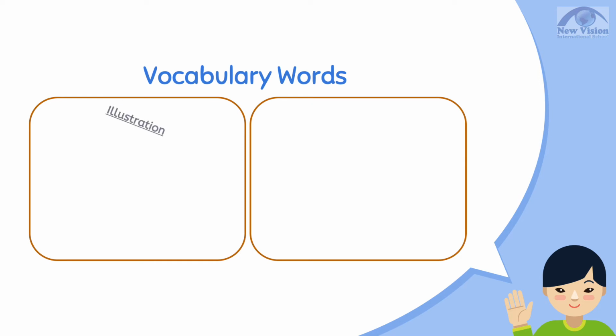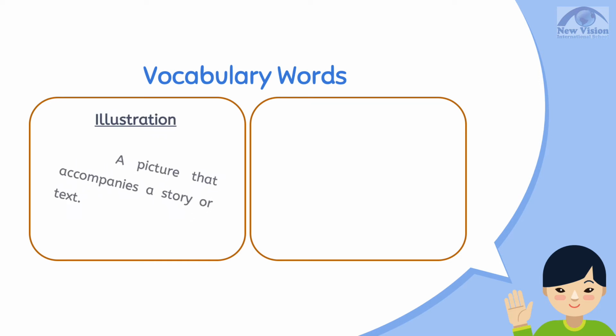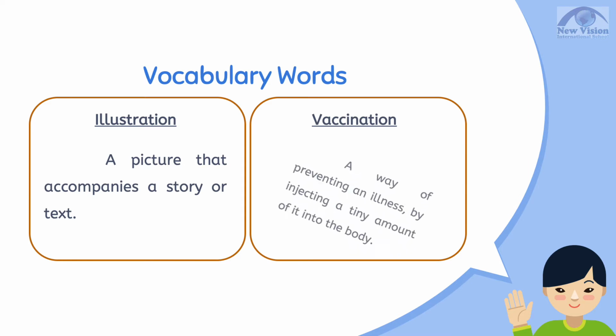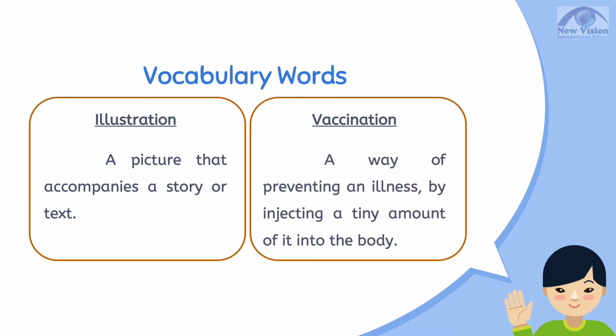Next, we have illustration. It's a picture that accompanies a story or text. And lastly, we have vaccination. It's a way of preventing an illness by injecting a tiny amount of it into the body.